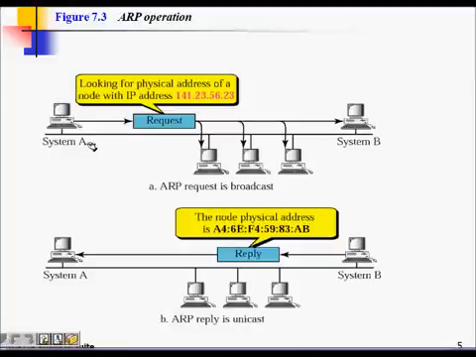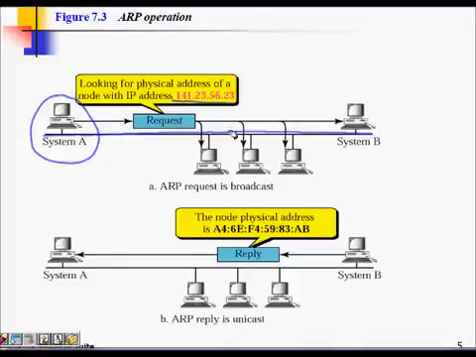Let's see this with a very good example. There is a system A on a LAN, and A wants to know the MAC address of system B, which has the IP address 141.23.56.23.